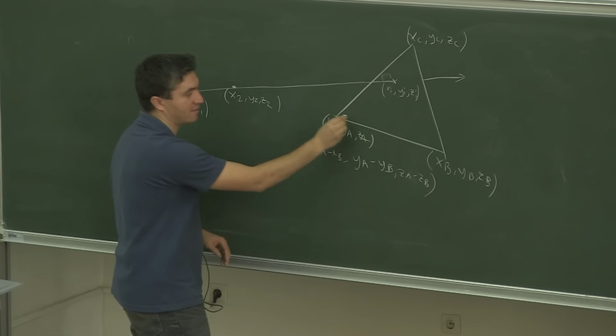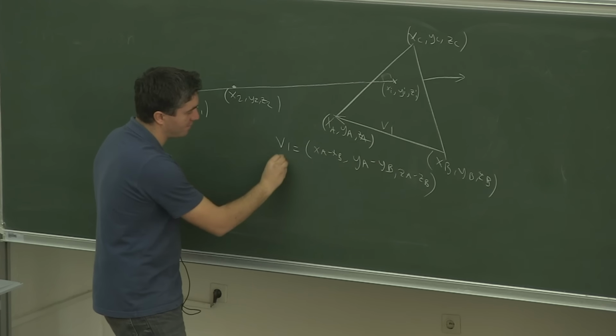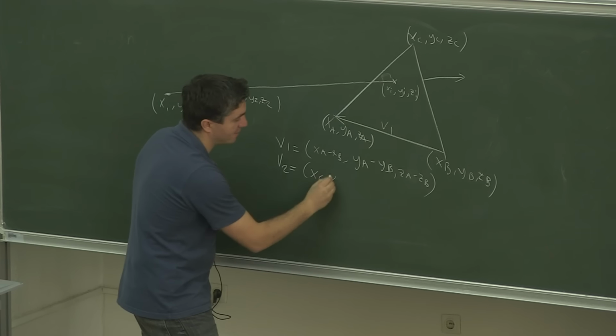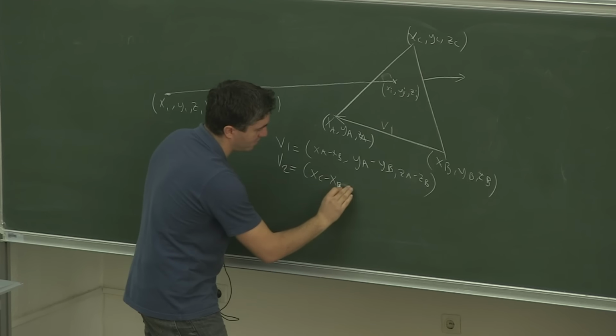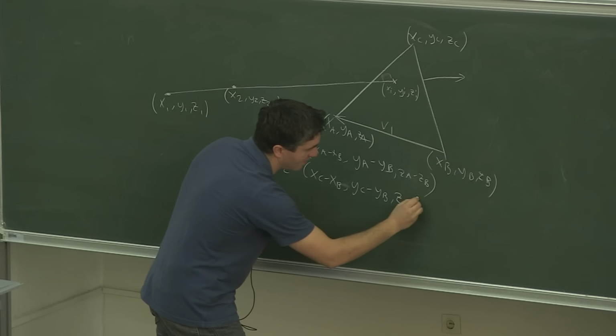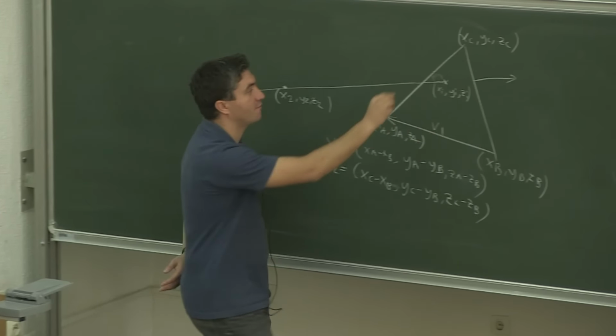I can have another vector v2: xc minus xb, yc minus yb, zc minus zb.